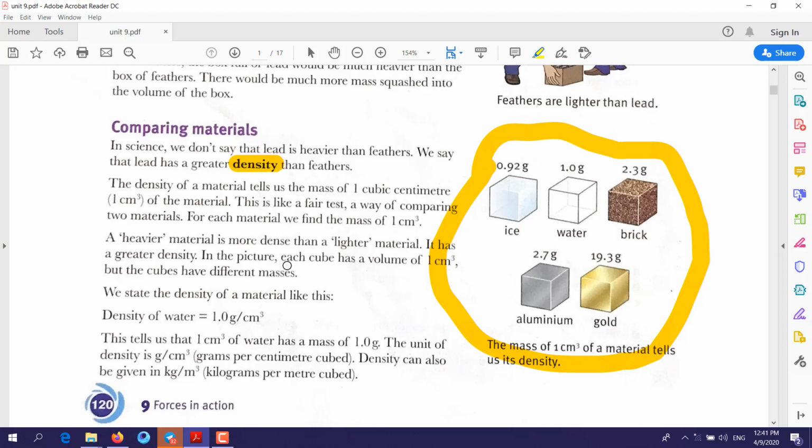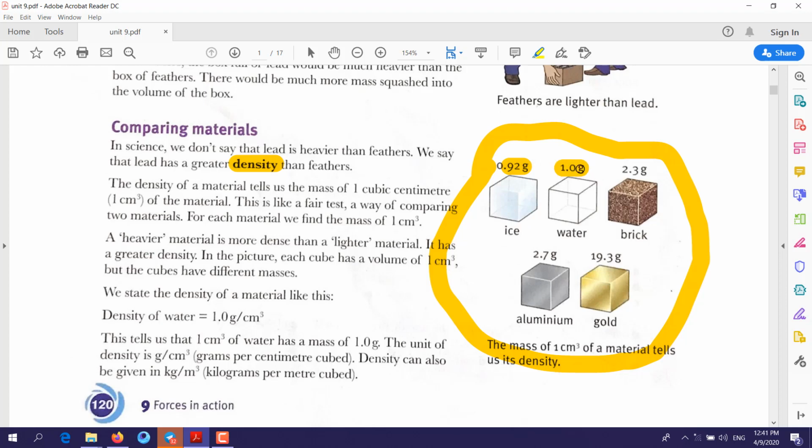Again, the definition of density is the amount of mass in a given volume. The amount of this mass in this volume gives us the density of ice.